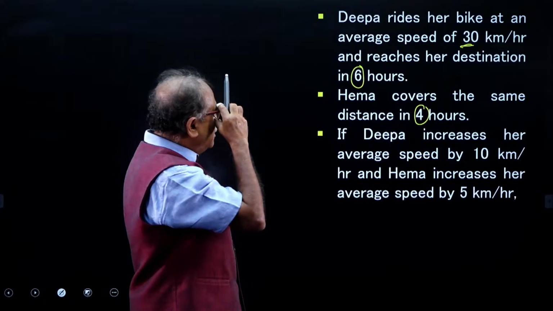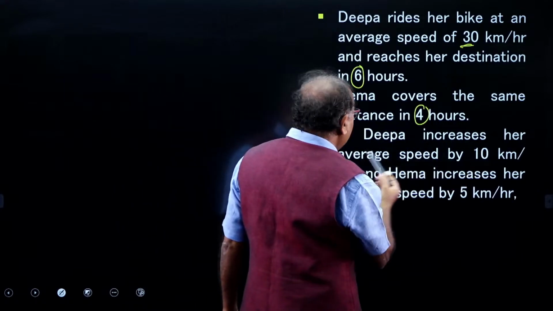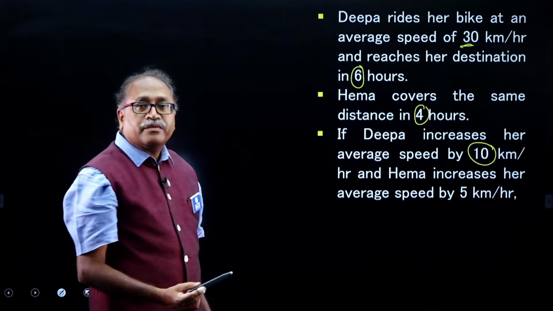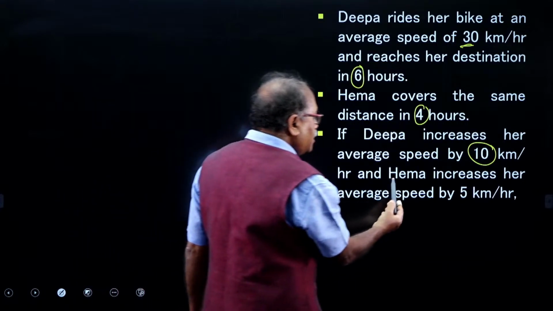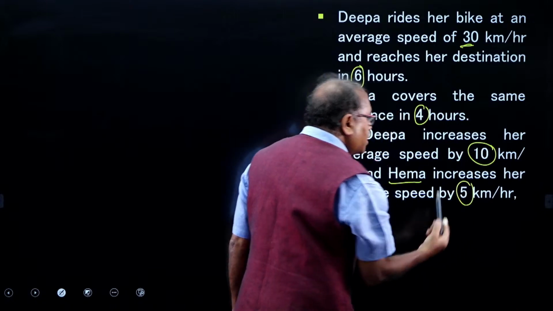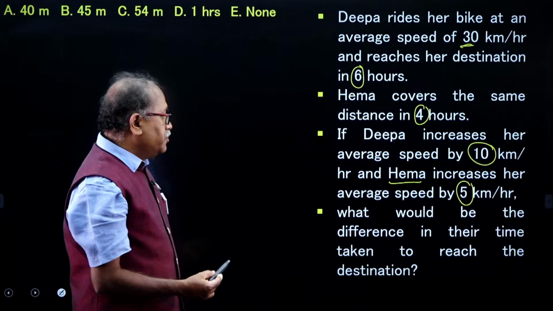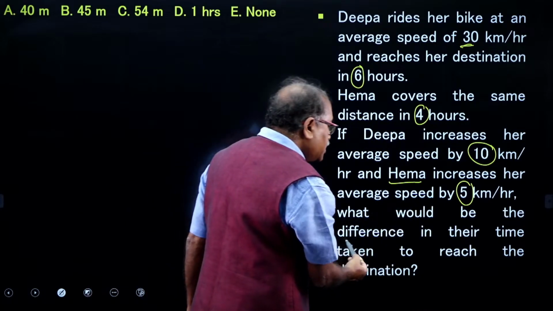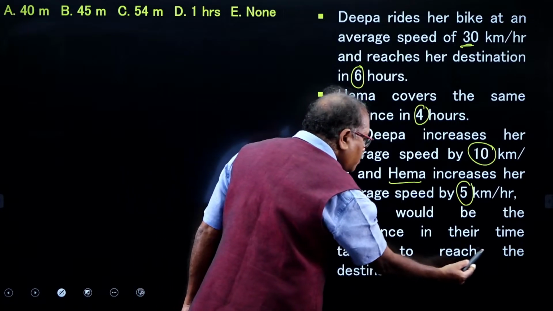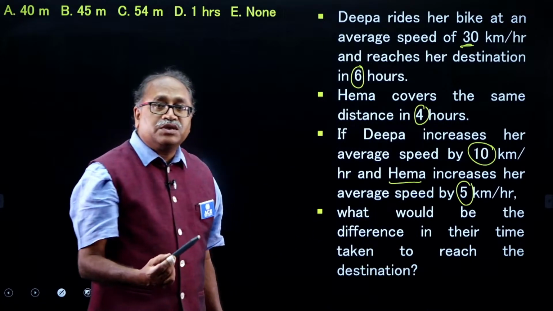And the next one here: if Deepa increased her average speed by 10 km per hour and Hema increased her speed by 5 km per hour, then what is the question? What would be the difference in their time taken to reach the destination?